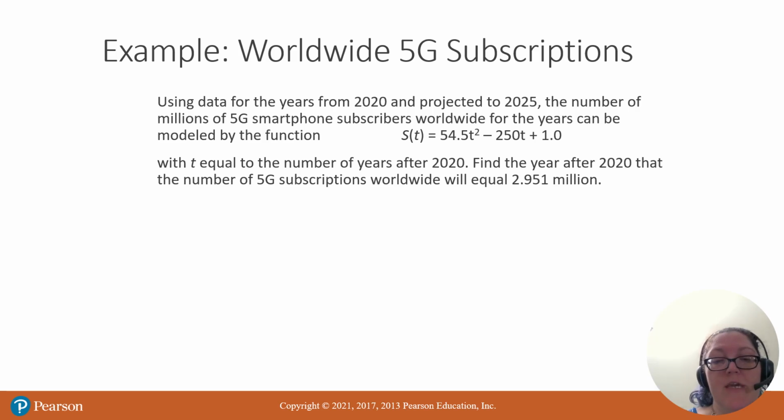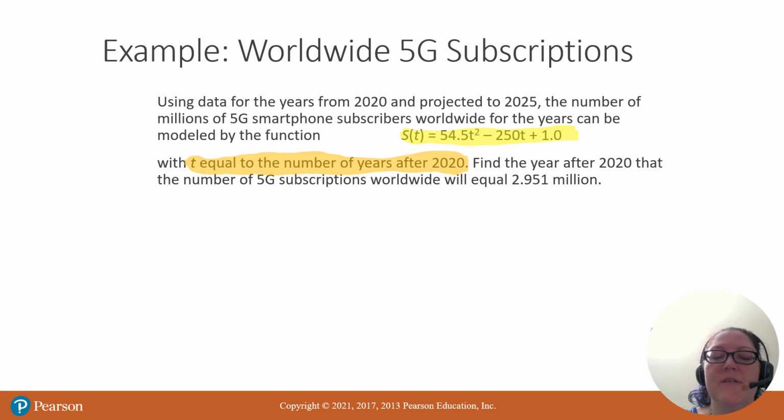Now, when I'm looking at this, just idea-wise of what's going on here, I notice that I have a word problem, but I also notice straight away that I have this function within the word problem. Within the word problem, I also notice that I have defined what t is, and t is the number of years after 2020.